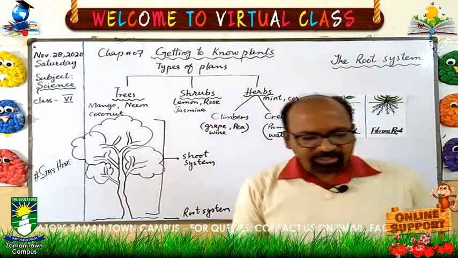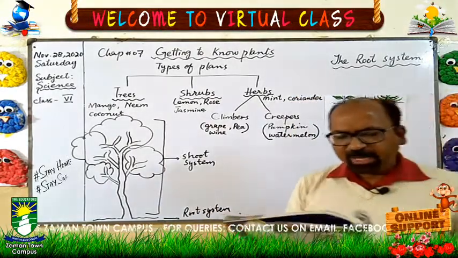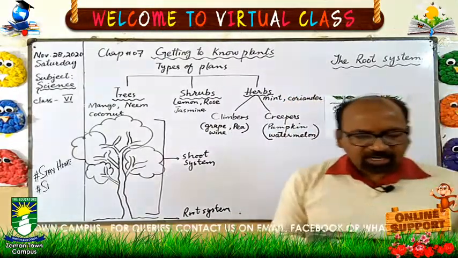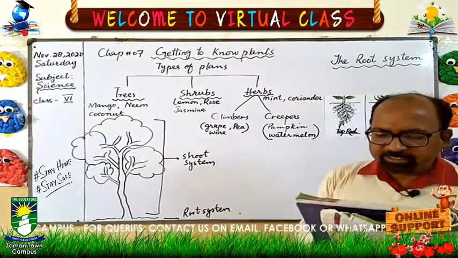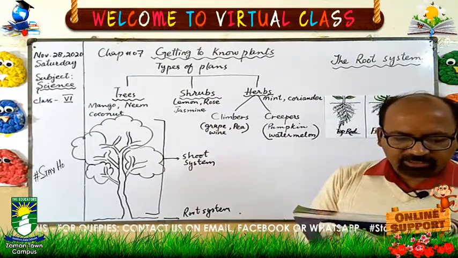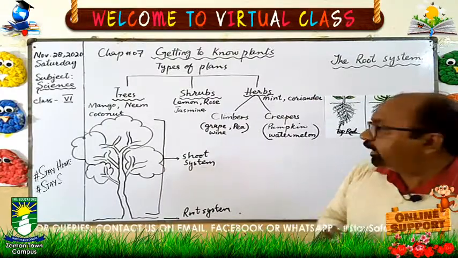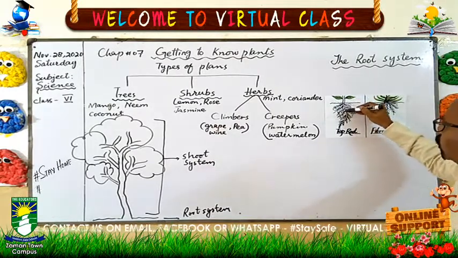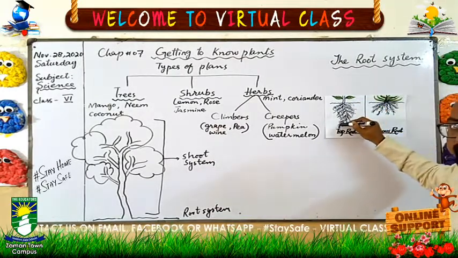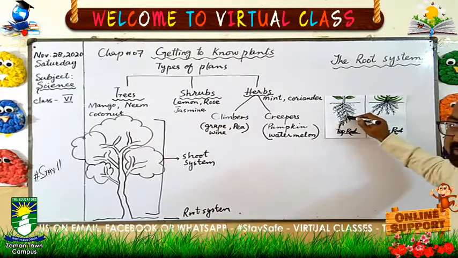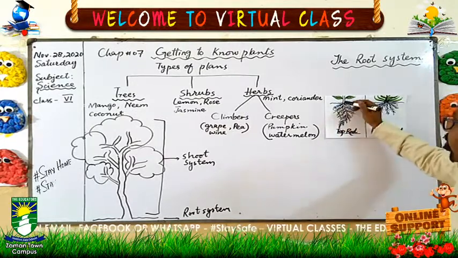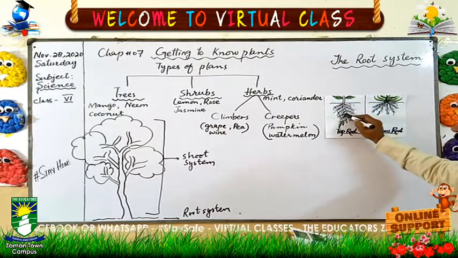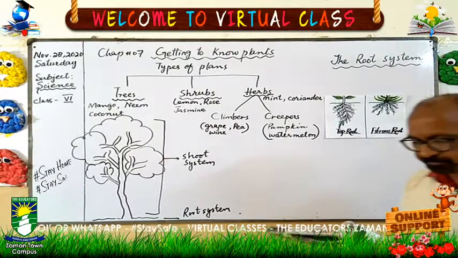Let's read from your book, Taproot and Fibrous Roots. A taproot is a characteristic of plants arising from the lower end of their stem, growing underground. Means the lower end of the stem goes into the ground and remains present in the ground, and it is the main part with which the other roots are attached.